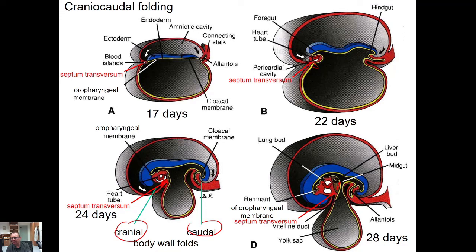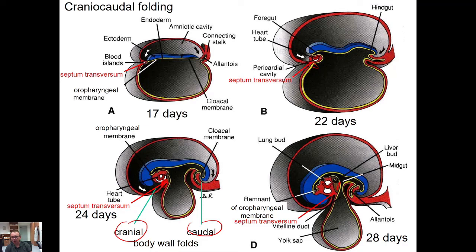It's just changing its position, and of course grows during these, let's say, 10 days, but it is still the same tissue. Septum transversum is very important for the separation of thoracic and abdominal cavity, because it gives rise to the biggest part of the diaphragm, and it is also important for the formation of liver. The liver bud is growing into the septum transversum, and so it is important for the formation of this organ as well.